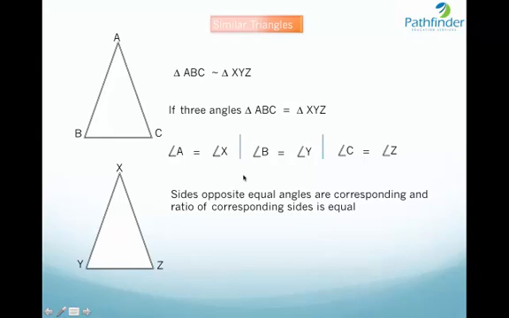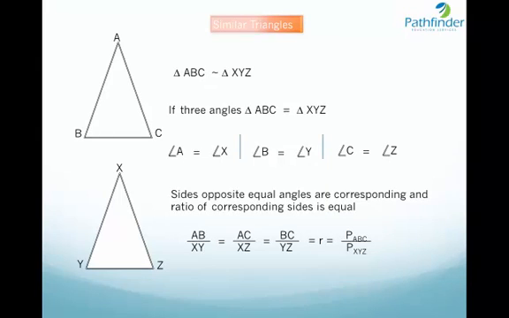And mind you, the ratio of all corresponding sides in similar triangles must be equal. So the ratio of AB upon XY, which is one set of corresponding sides, must be equal to AC upon XZ. These are two other sets of corresponding sides. And this must be equal to BC upon YZ.